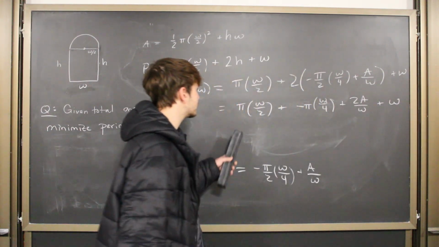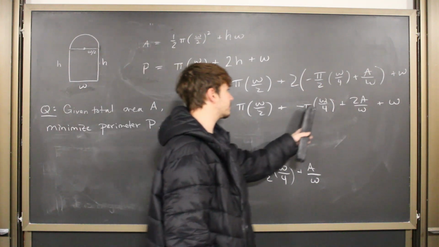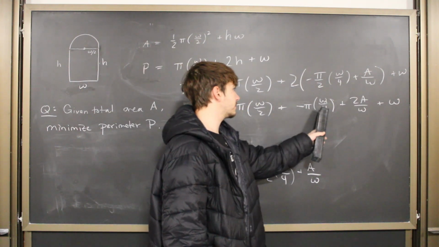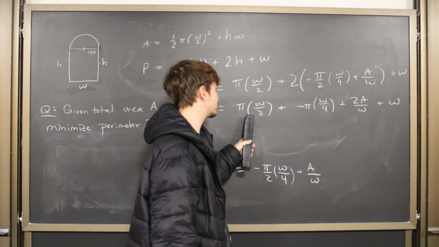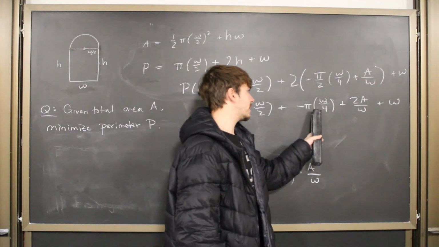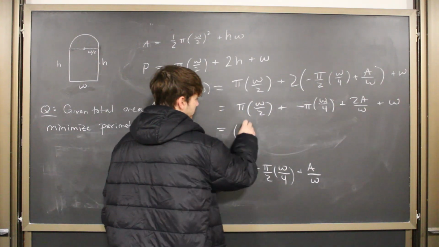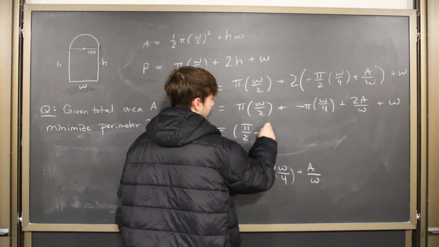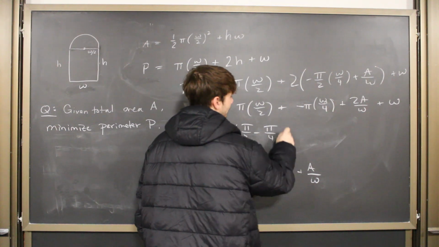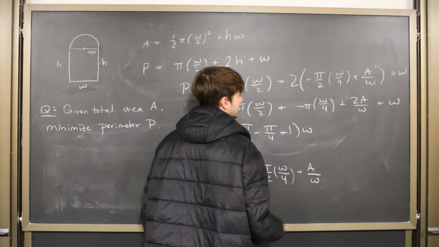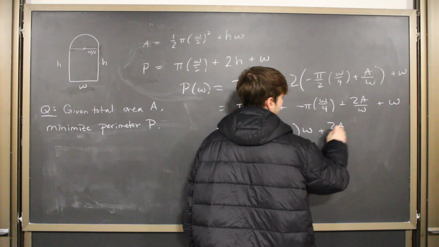Now I just have a bunch of linear terms of w. So this one is pi over 2 times w, here's a minus pi over 4 times w, and here's a w. I'm going to group all those together. Pi over 2 minus pi over 4 plus 1, times w, plus 2A over w.